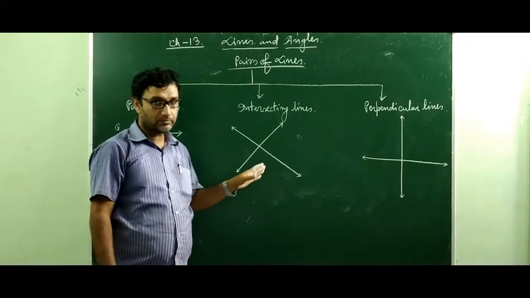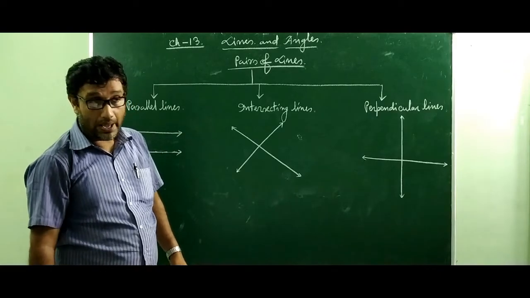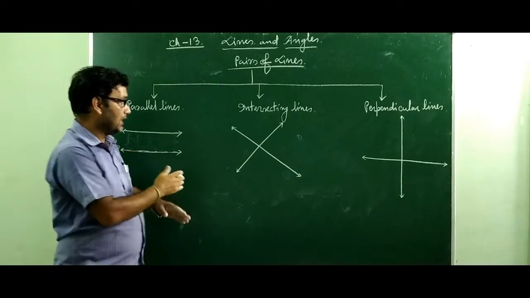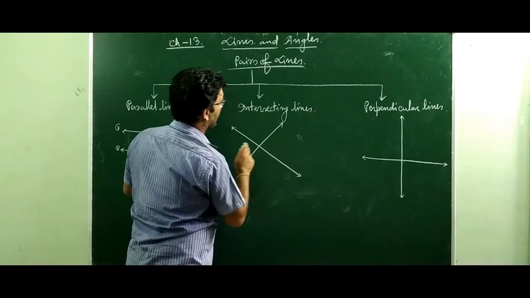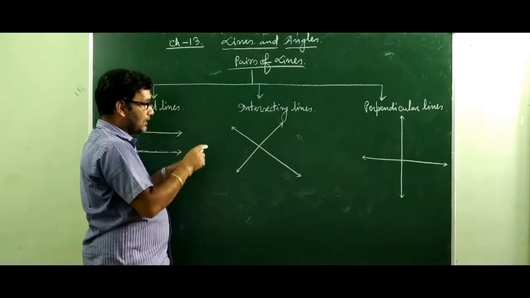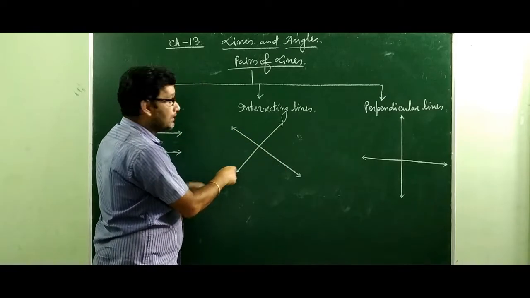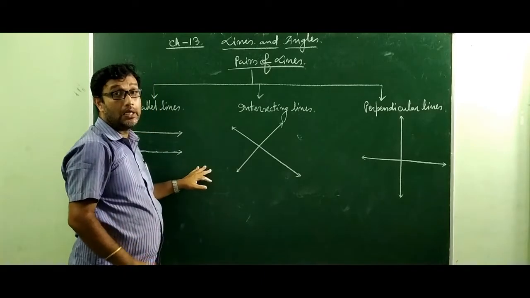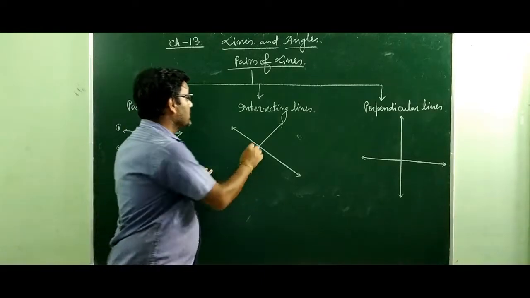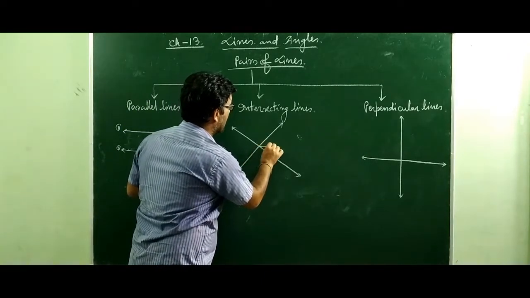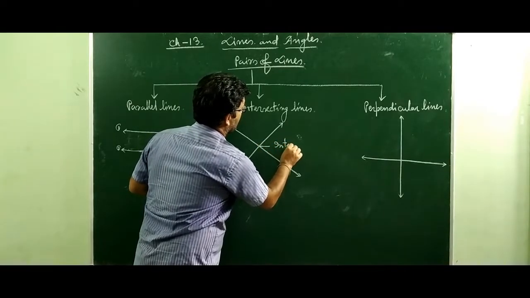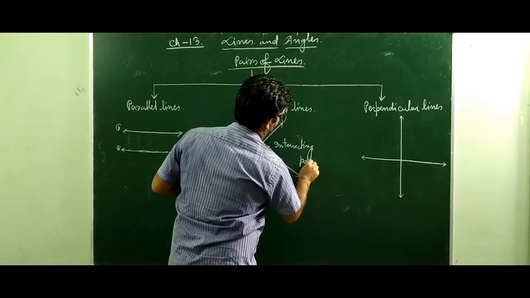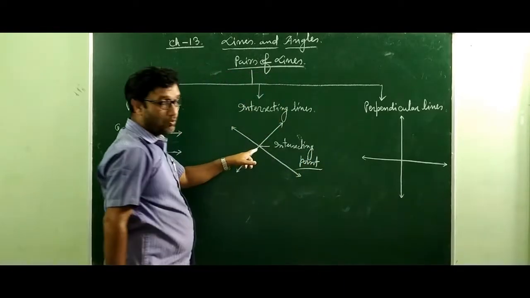The next, intersecting lines. When two lines intersect each other. Here you see one line, and another line. They are intersecting each other here. So these two lines are called intersecting lines, and this point is called what?